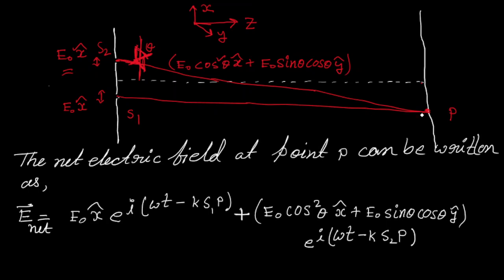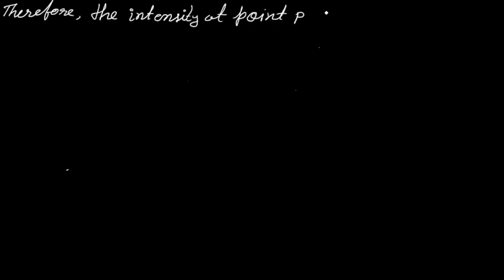Once we know the net electric field at point P, we can define the net intensity at this point P. Therefore, the intensity at point P is I equals epsilon naught, the permittivity of free space, times c, the speed of light in free space, and then we have to take the product of the net electric field with its complex conjugate.